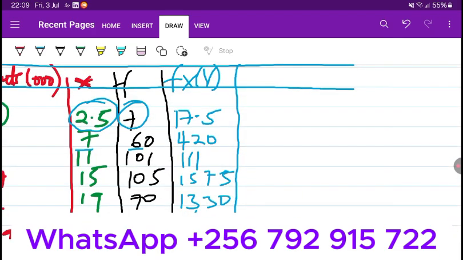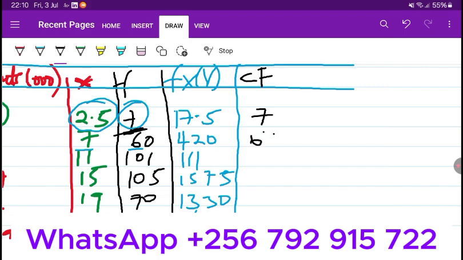So let's first get the cumulative frequency. I'm going to call it CF, cumulative frequency. When you are accumulating values, you maintain the first value. It's like getting 0 plus 7, that will be 7. So here is 7.